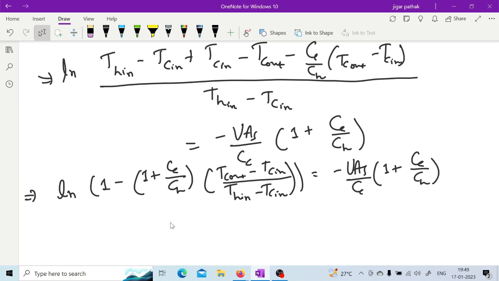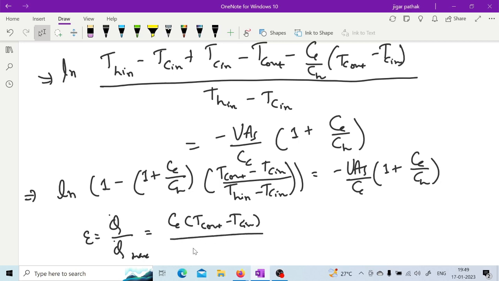Now as you know, effectiveness is nothing but Q by Q max, so this is Cc (Tc out minus Tc in) upon C minimum (Th in minus Tc in), right?